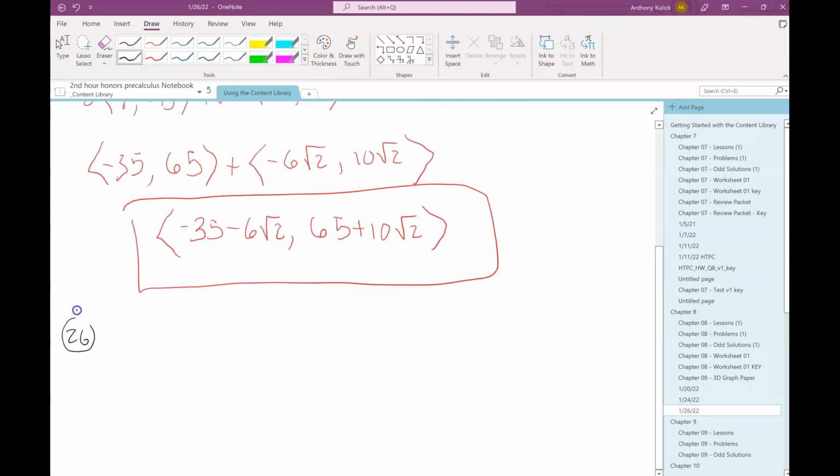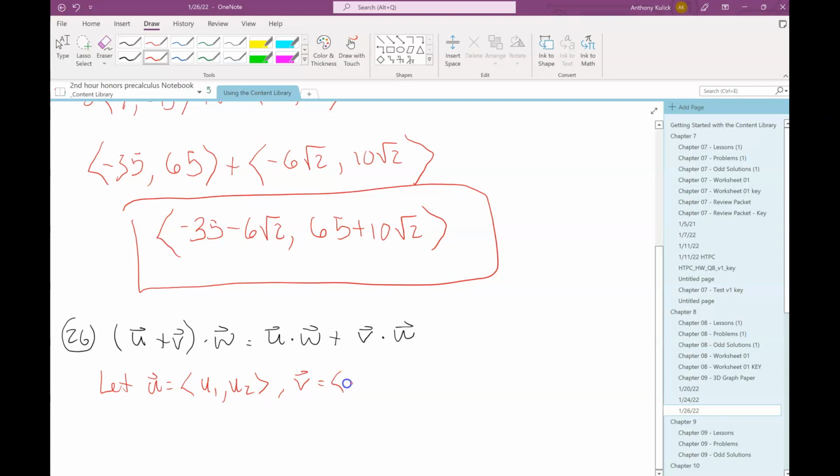So it asks us to prove the distributive property. What I'm going to do is start by defining each of my 3 vectors in component form.